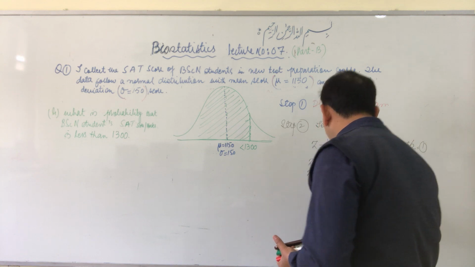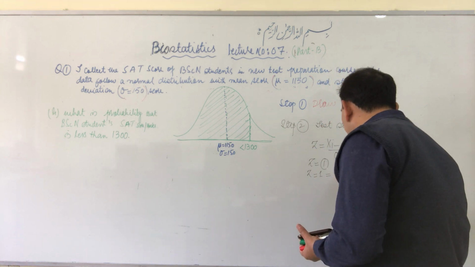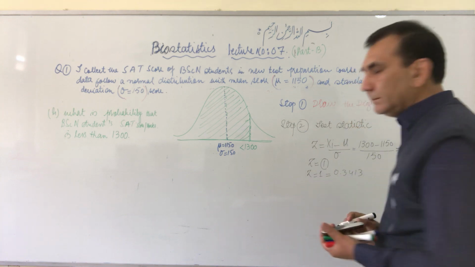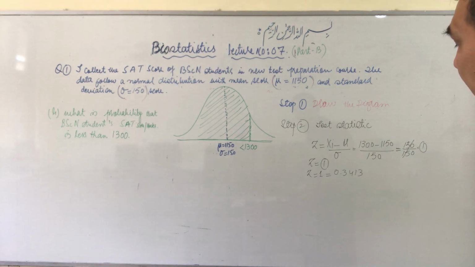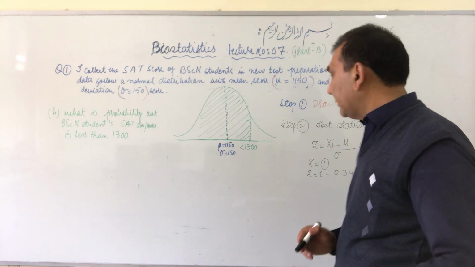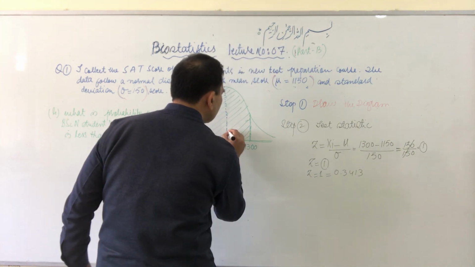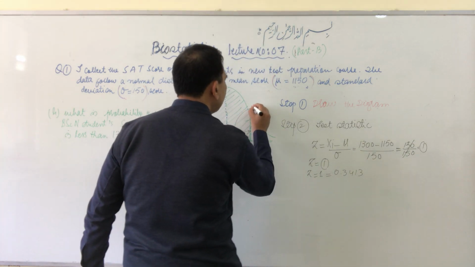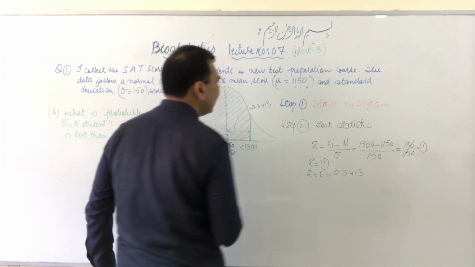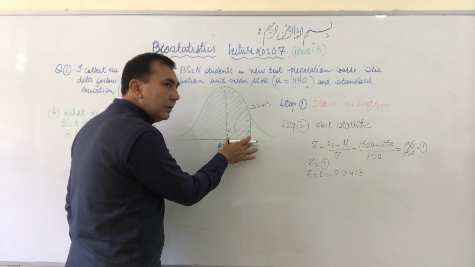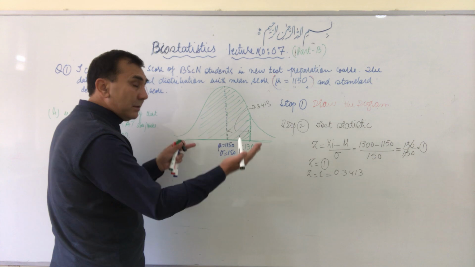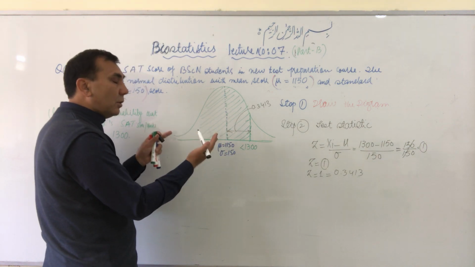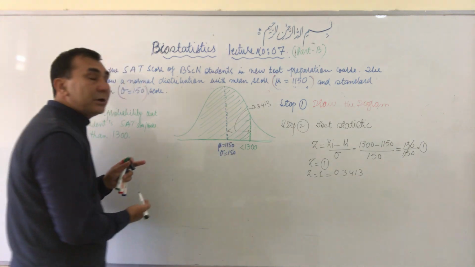For a z-score of 1, using the Z table, the value is 0.3413. This 0.3413 is the area from the mean to here, but we are concerned with the probability that a BSN student has a score less than 1300 marks.